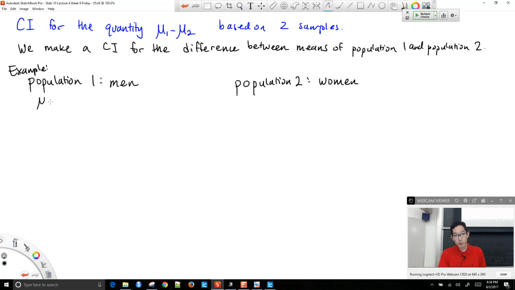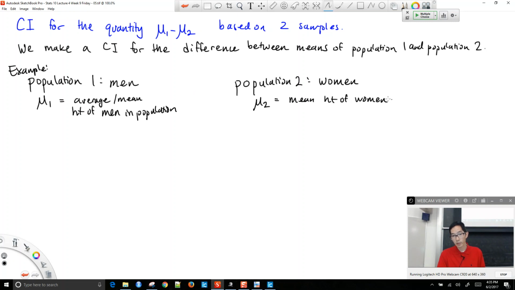And mu1 will be equal to the average height, or the mean height, of men in the population. And mu2 will be the mean height of women in the population. I guess we're dealing with adult men and adult women. Okay.